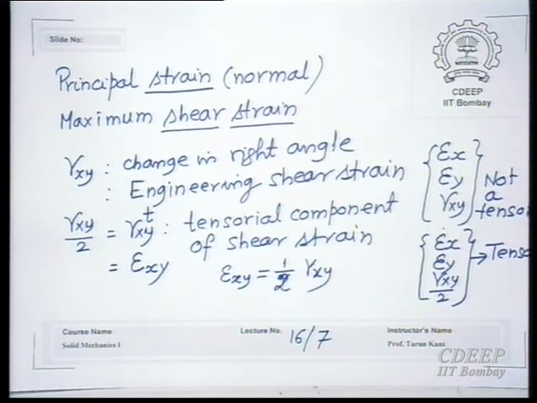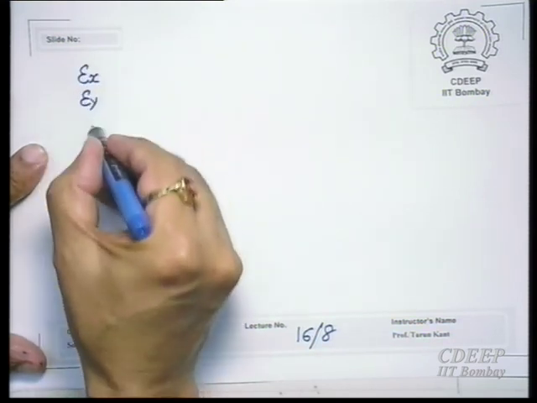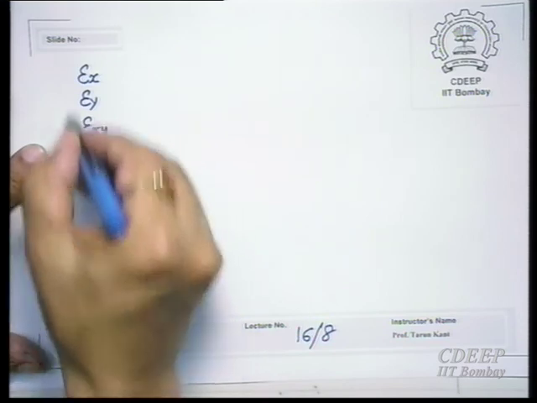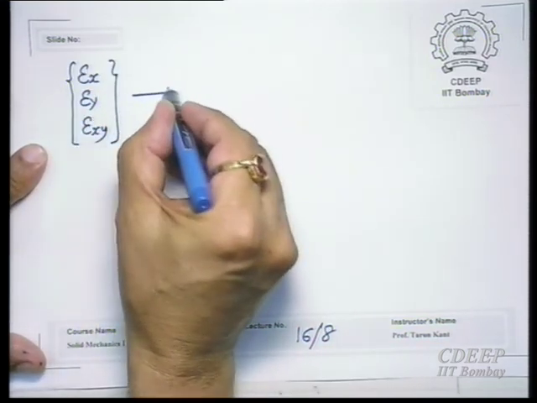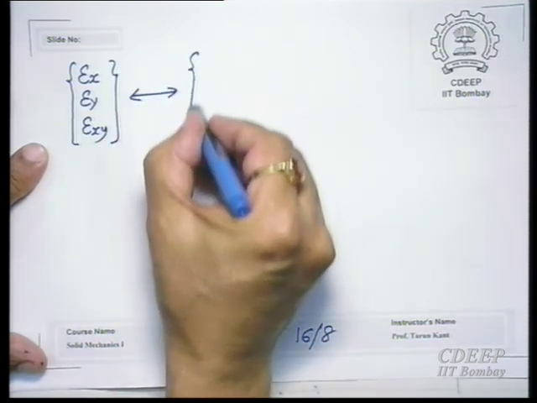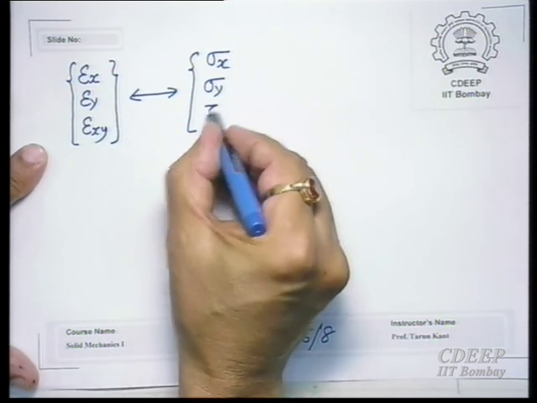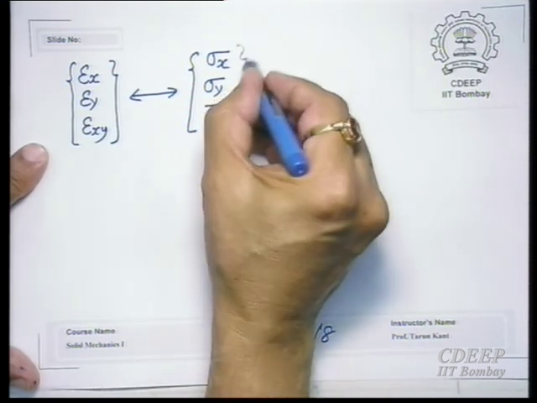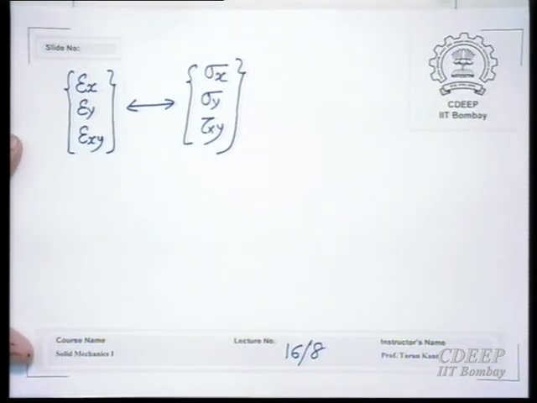Now, when I take this set, it will follow exactly the transformation rule that we have learned for sigma x, sigma y, tau xy.